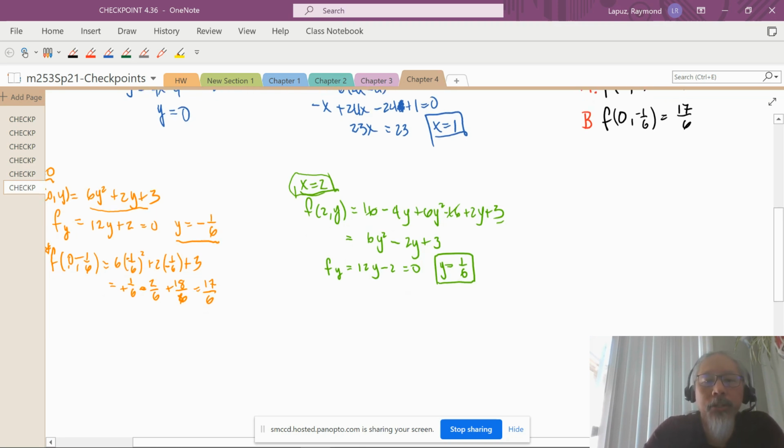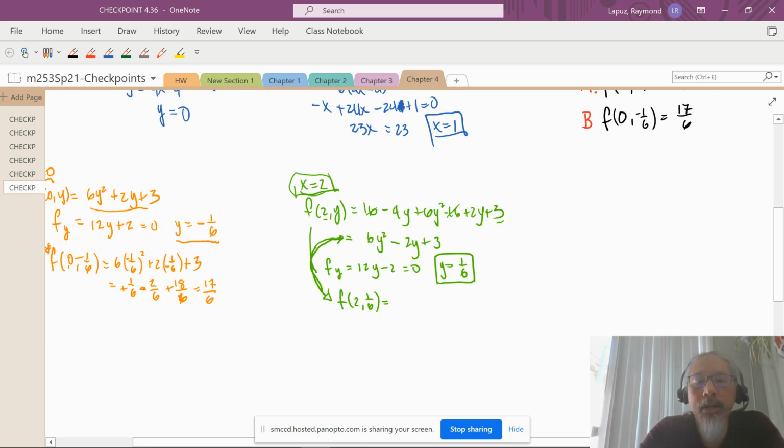That's going to be our point in the domain. We'll look that up in a minute. But since we do have a critical point, it would be good to figure out what is happening at that critical point when we put positive 1/6 into the function. We'll use this function that we already put the 2 in and simplified.